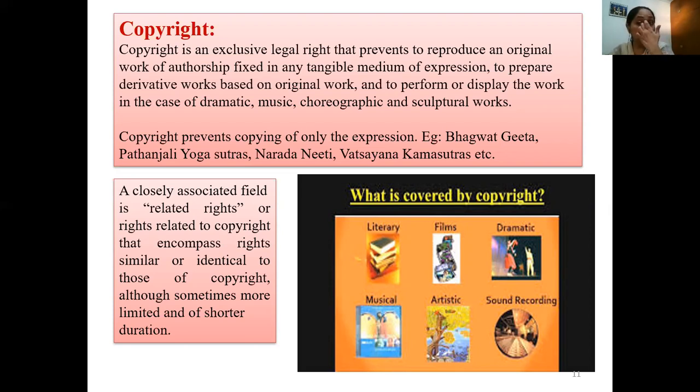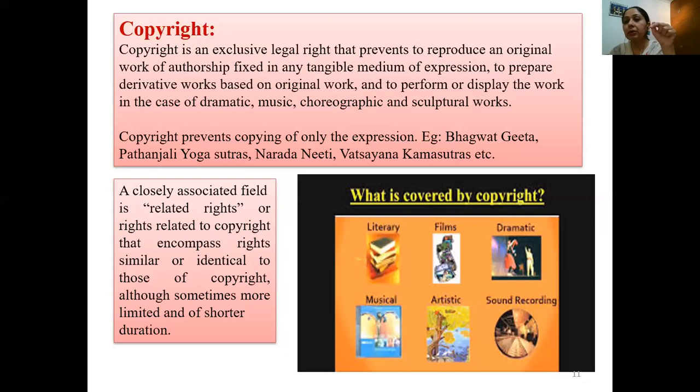So you cannot copy that original work which is already fixed in any tangible medium. You cannot reproduce that work. You cannot display that work publicly in front of others. And you cannot even prepare derivative works based on the original work. So this is a right which prevents you from reproducing that original work which is fixed in some form of tangible medium.